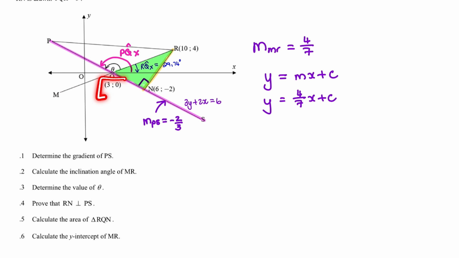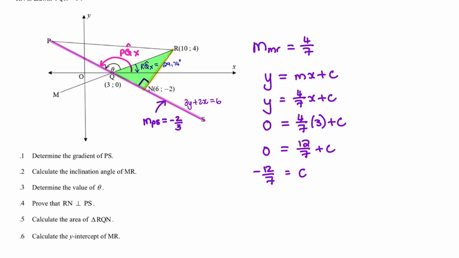Now I prefer to substitute in the 3 and the 0 because that will simplify my calculations a little bit. So the y value becomes 0 and the x value would be 3. If I multiply it out, that is 12 over 7 plus c is equal to 0. Therefore, the c value is negative 12 over 7.